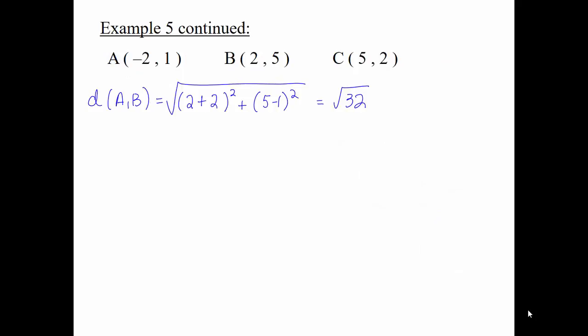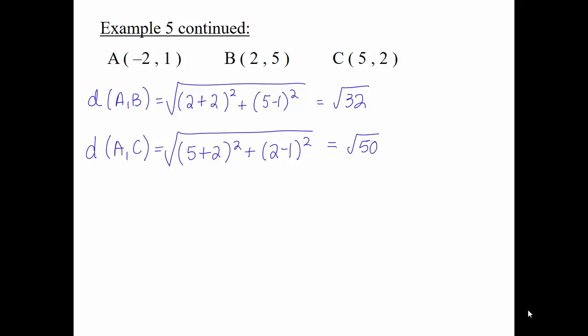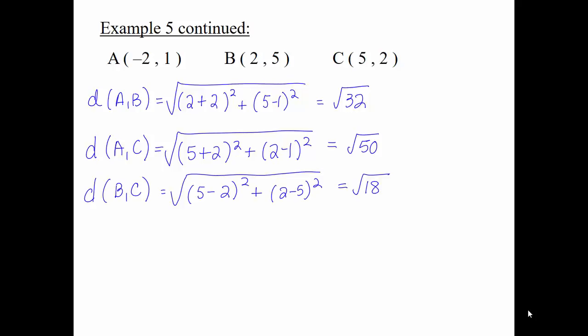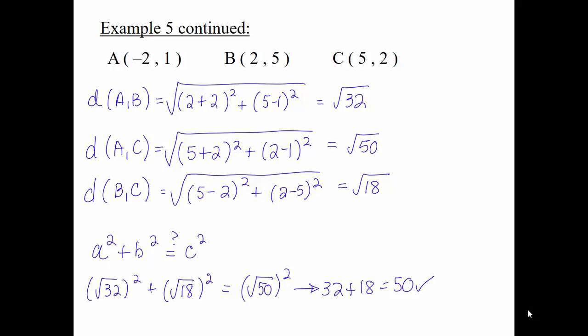And so you're going to remember, one way you can do that is find the distance. So the distance between A and B, the distance between A and C, and the distance between B and C. And then you can do Pythagorean theorem. If it's a right triangle, A squared plus B squared equals C squared. Check them, and it does check out.